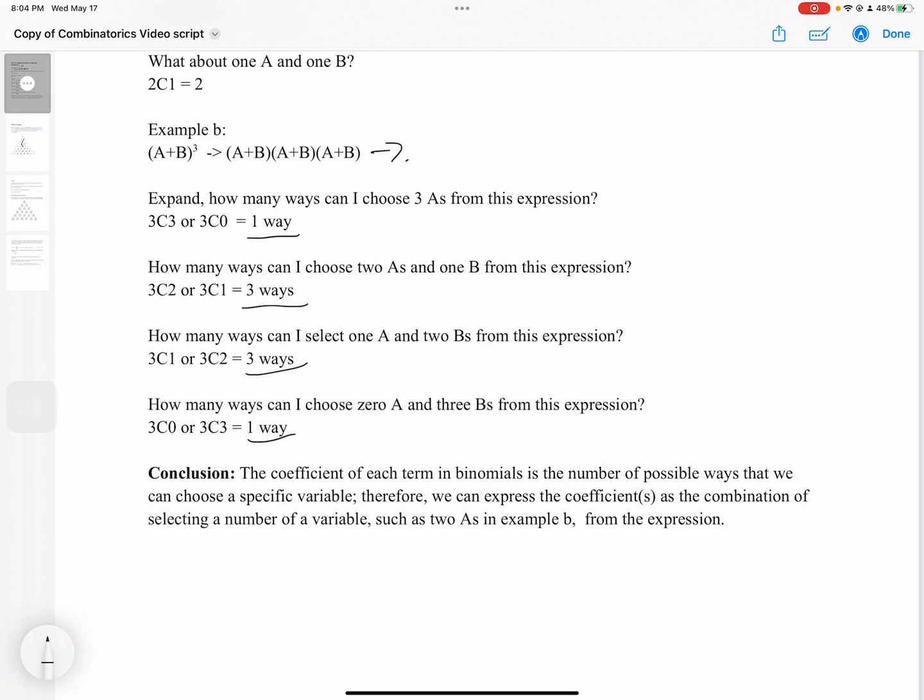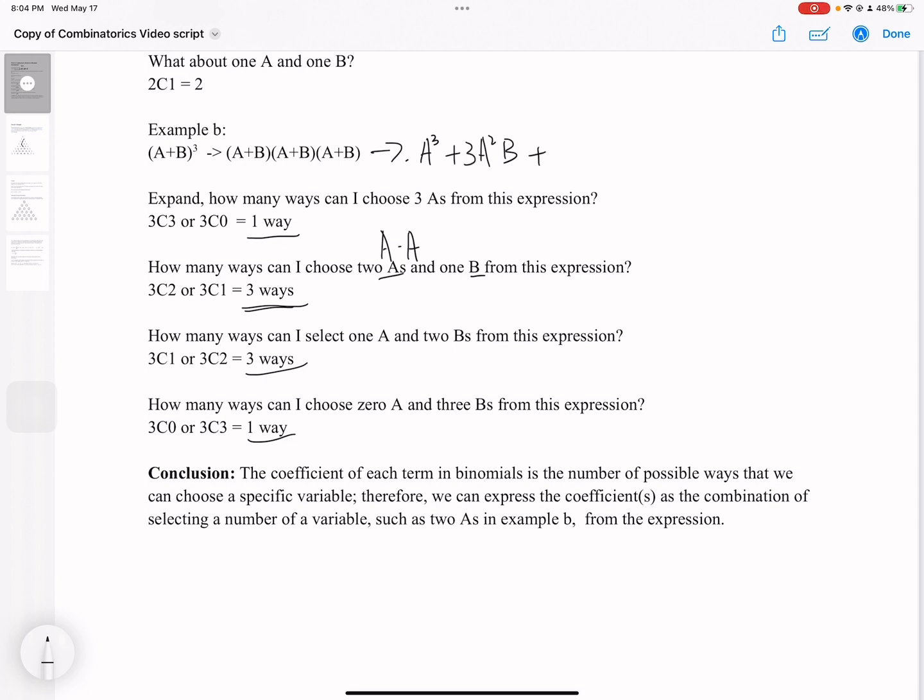Because I have one way to select 3 a's, the coefficient in front of a cubed should just be 1, which I'm not going to write down. And for 2 a's and 1 b, the 2 a's are multiplied together, so that should be a squared, so this is a squared b. Because there are three ways, the coefficient in front of this term should be 3.